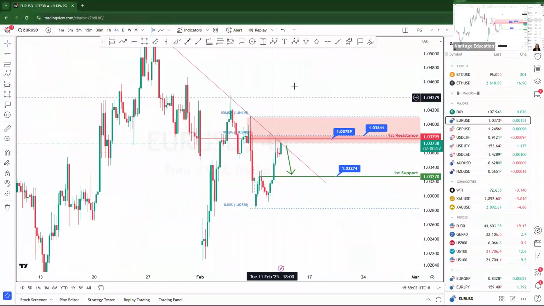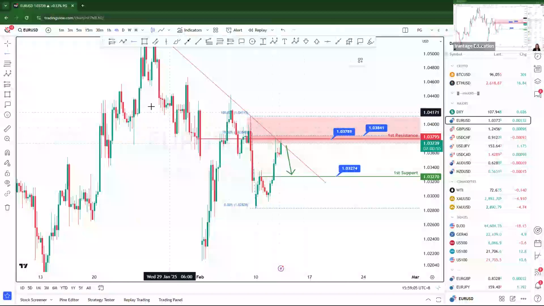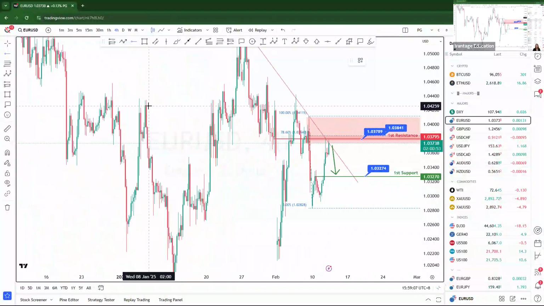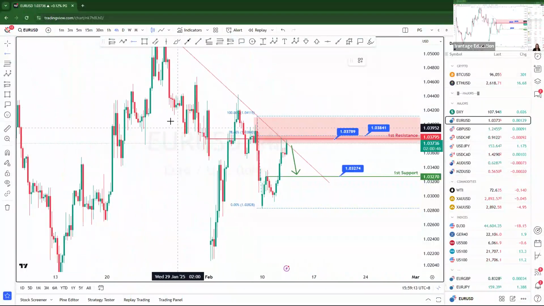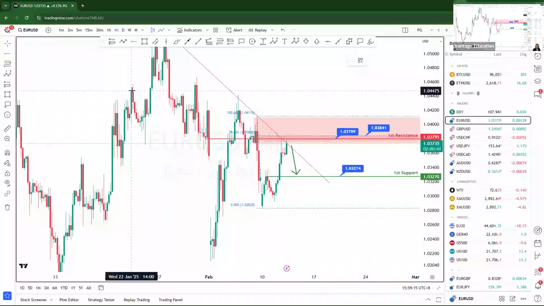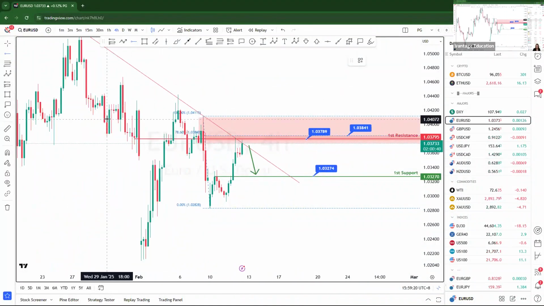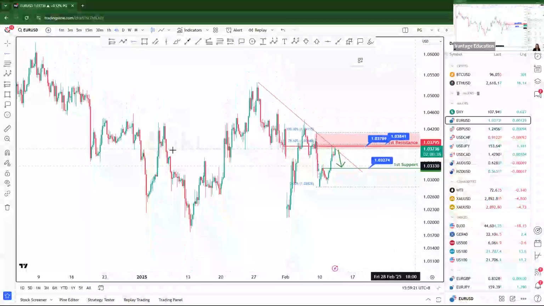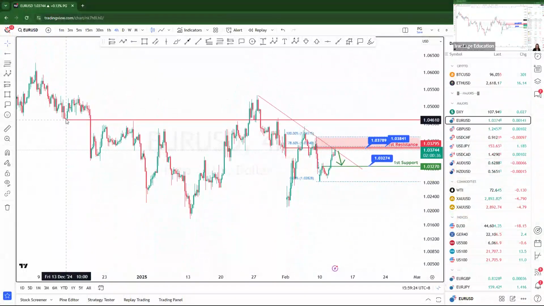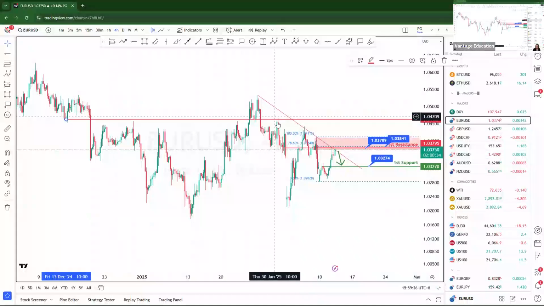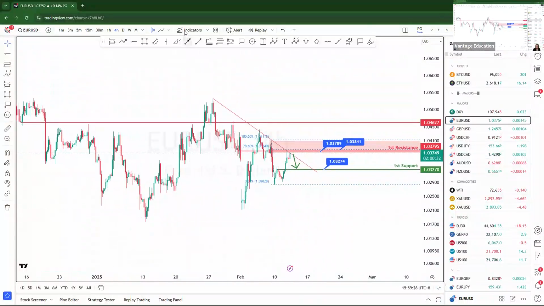The next resistance level, if price breaks above, this is very nice, price has taken it already.